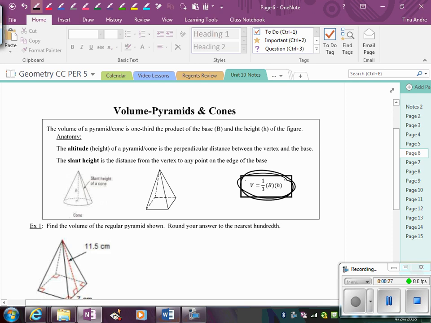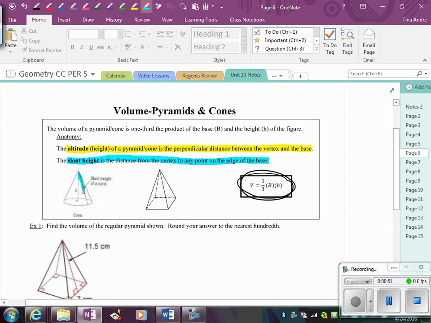But when we look at this, we have to know that height is always measured perpendicular to the base. So this next idea here is the altitude or the height of a pyramid or a cone is the perpendicular distance between the vertex and the base, versus you might see a situation where you have a slant height. And that's going to require you to then find the height. So the slant height is just as it sounds, it's slanted.